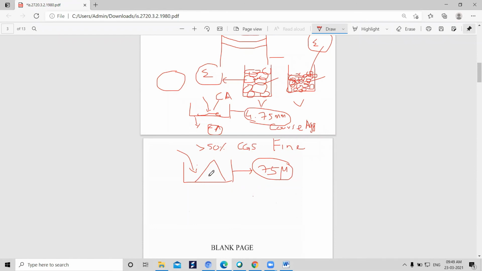If more than 50% of the soil passes through the 75 micron IS sieve, then we'll call it fine grained soil. Clear enough? What is the criteria? More than 50%. If it is retained, then it is coarse grained soil. If greater than 50% passes through the 75 micron IS sieve, then it is fine grained soil.